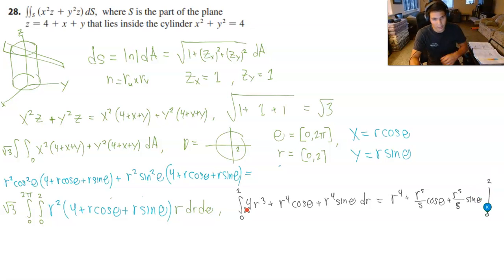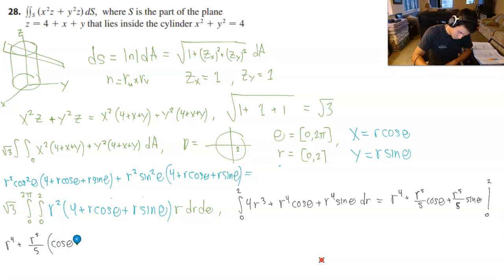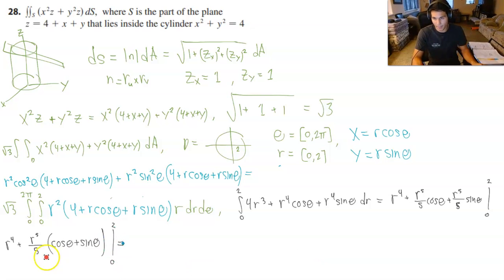Now what I'm going to do is insert the 2 into there, but before I do that, I want to do some factoring to make my life a little bit easier. So if I factor out the r's here, I get r to the 4th plus r to the 5th over 5, and I got cosine theta plus sine theta, and from 2 to 0. That way I only have to do it once.